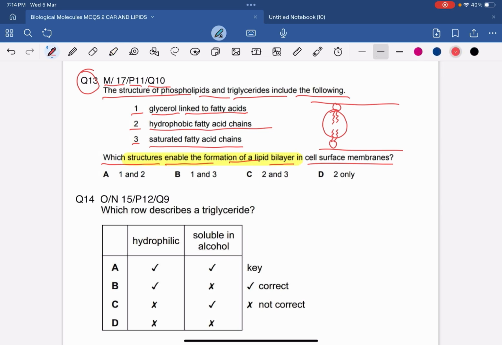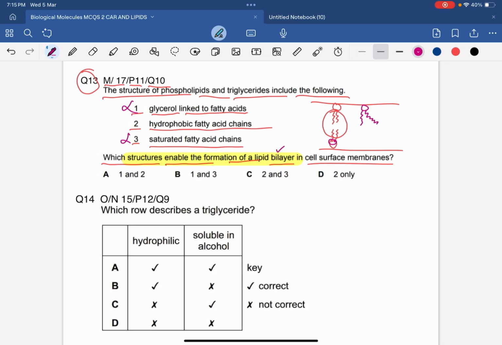The glycerol linked to the fatty acid basically makes the ester bond. It is not involved in the formation of the lipid bilayer, right? Then if I talk about the saturated fatty acid chain, whether it be a saturated fatty acid chain or an unsaturated fatty acid chain, the lipid bilayer can be formed, right?